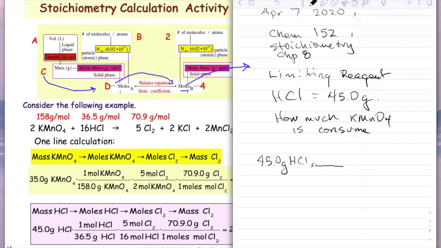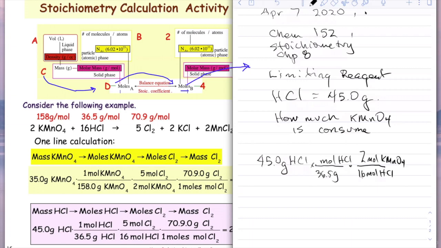I know that the first step is the molar mass of hydrochloric acid, which is 36.5 grams per mole of HCl. Then I know from the balanced equation that for every 16 moles of HCl, I have 2 moles of potassium permanganate. And where did I find that?